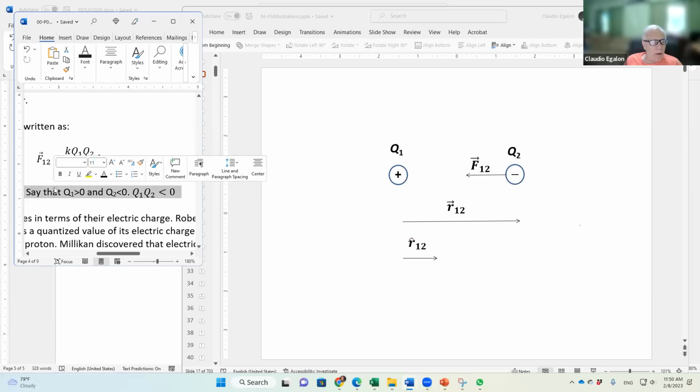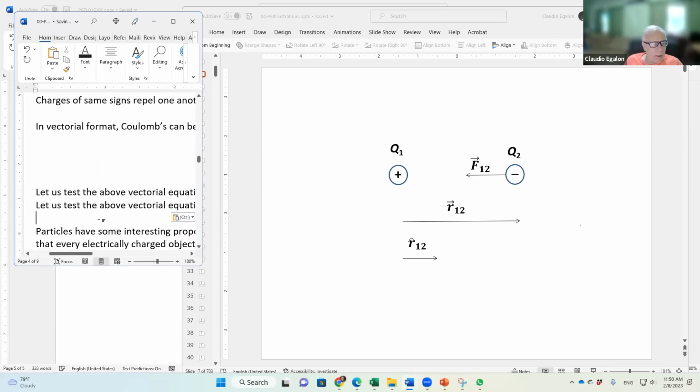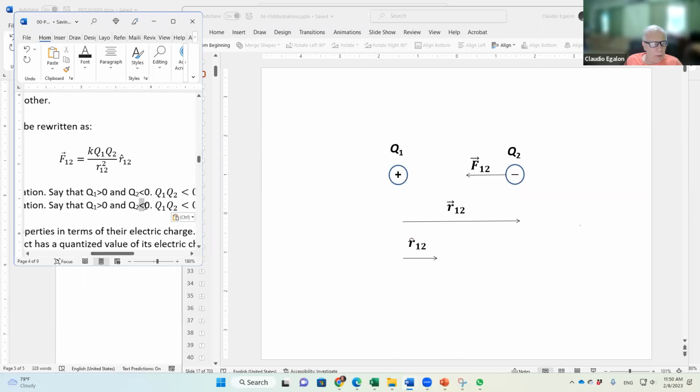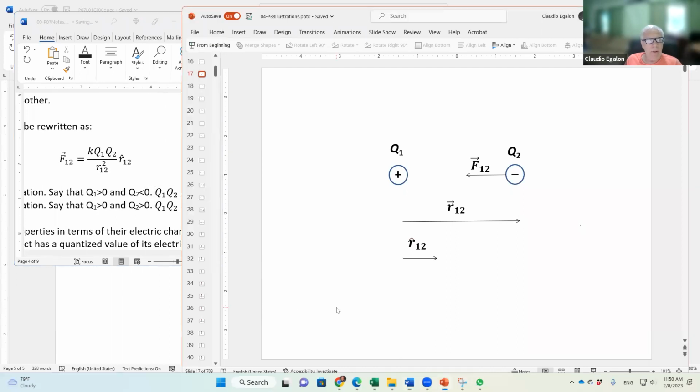So now let's do the other way. Say that Q1 is positive and Q2 is positive. That implies that Q1 times Q2 is positive, right? Let's see if this equation works.